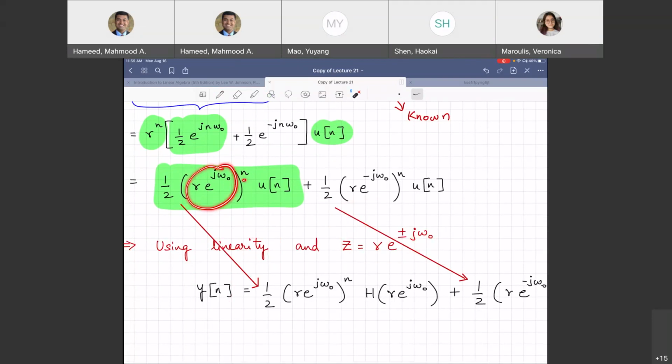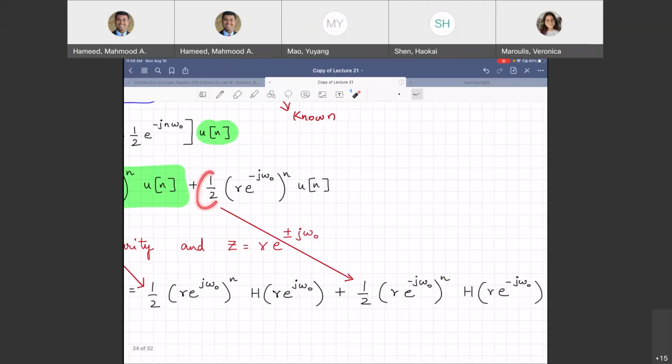The input is z to the n. The output is going to be z to the n multiplied by h of z. Z to the n, h of z. Next, for this guy, half carries over. The input is z to the n. Output is what? Z to the n, h of z. Z to the n, h evaluated at this particular z.